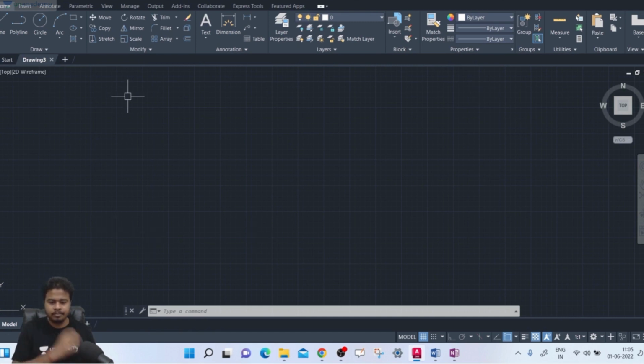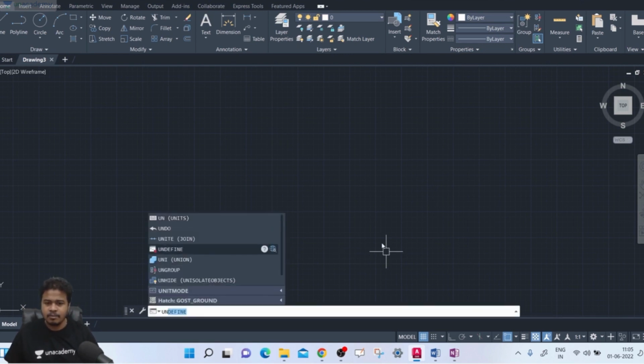Now, once you have entered the drawing area, the first command which you have to give is units. What did I say? Units, UN.